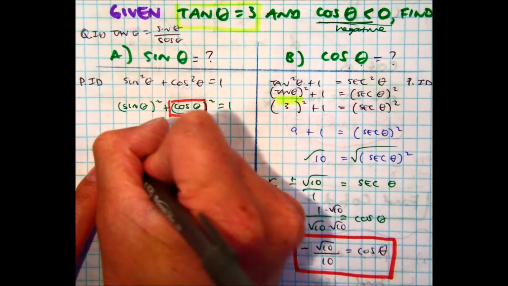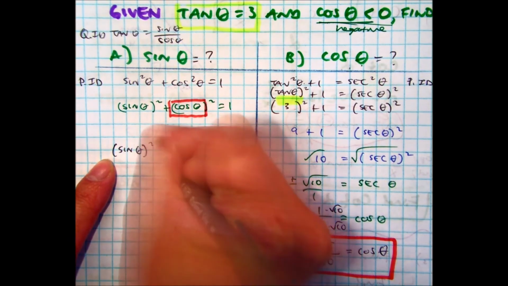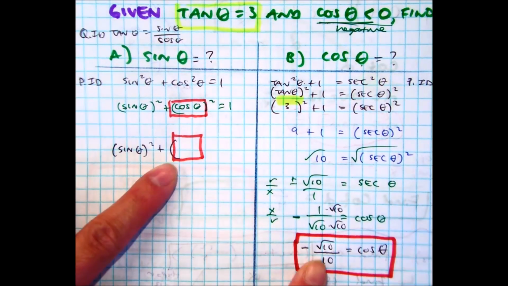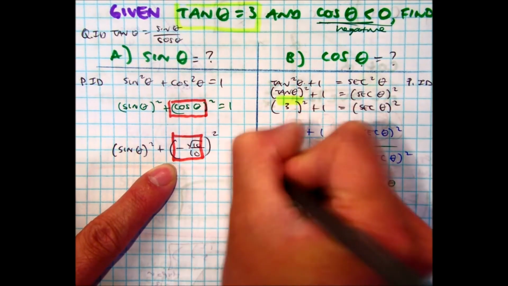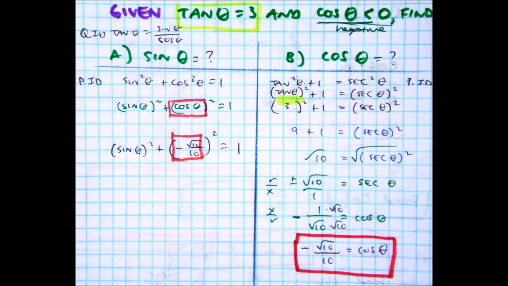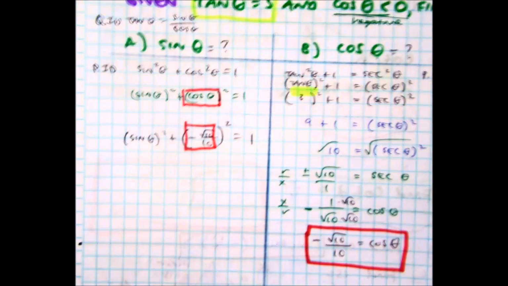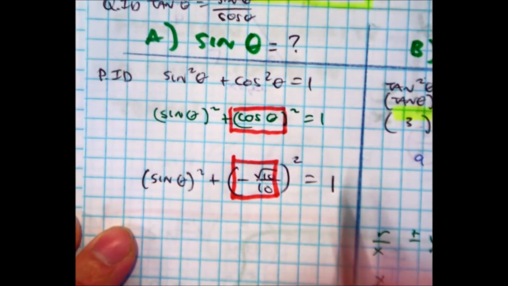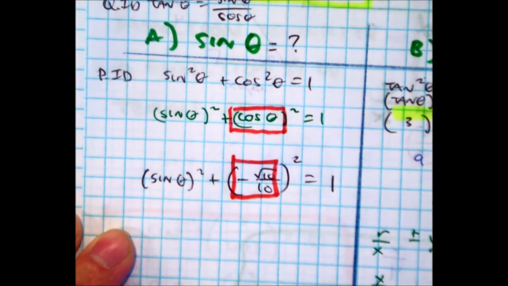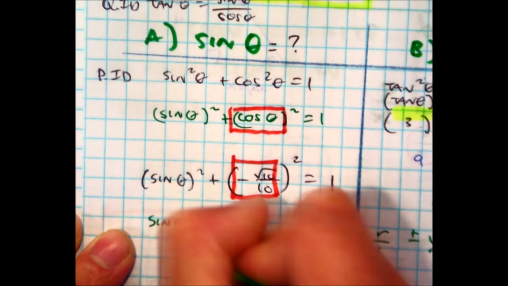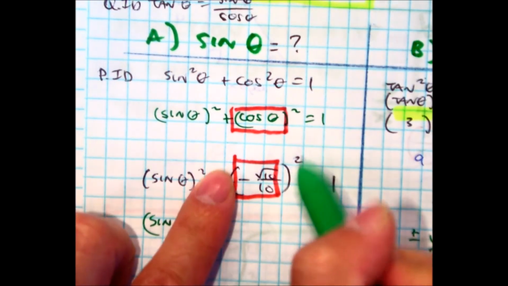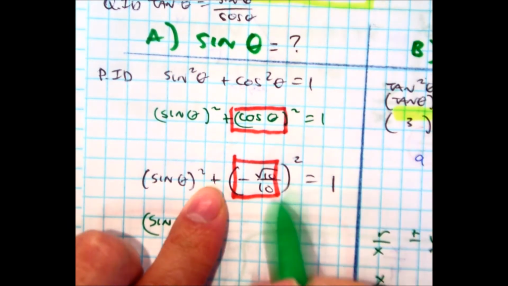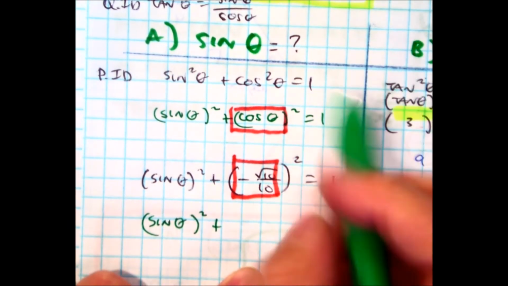So I have sine theta squared plus negative radical 10 over 10 squared equals 1. Class, remember this means you have two of these expressions. So what's a negative times a negative?